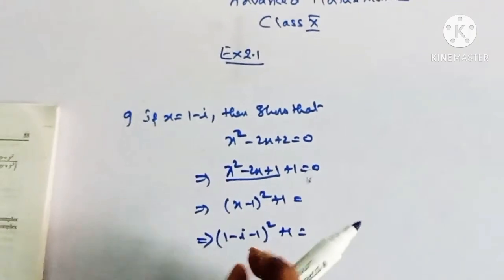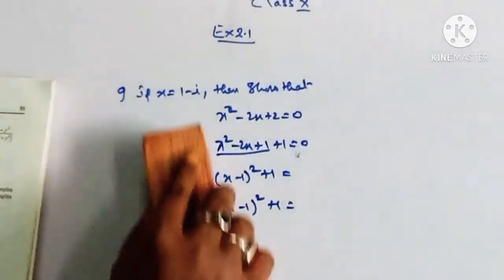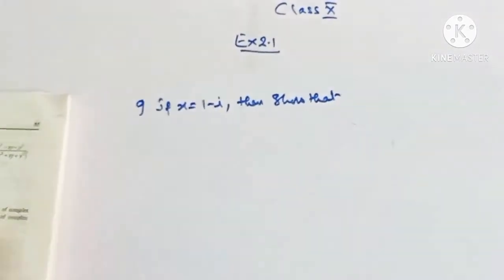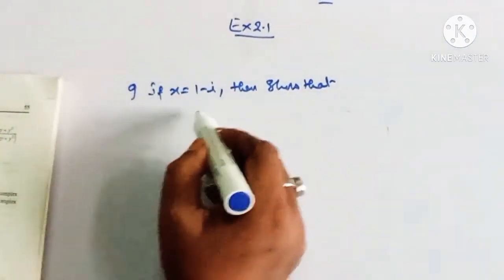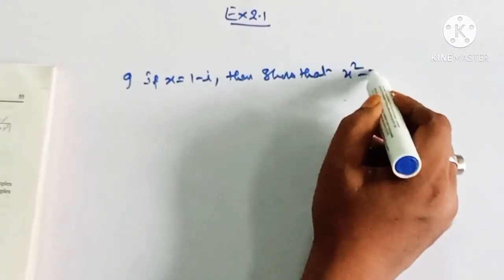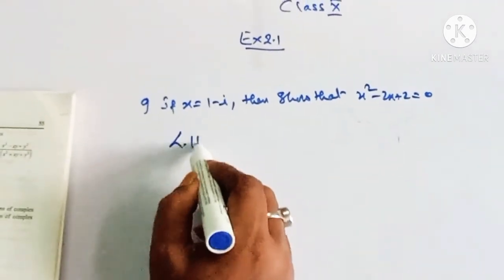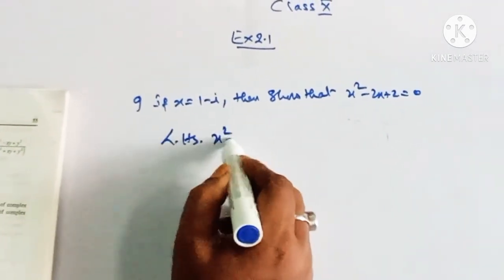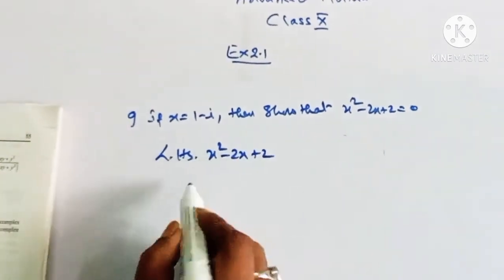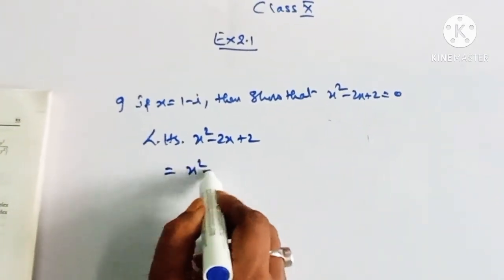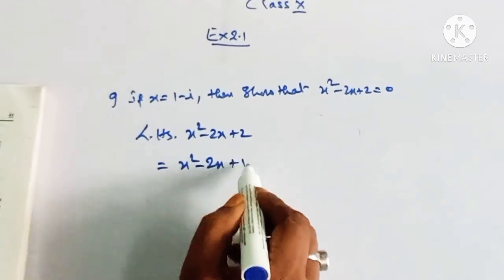Let me do this sum again, because we have to prove that x square minus 2x plus 2 equals 0. I am going to start from the left hand side, that is x square minus 2x plus 2. This I can write as x square minus 2x plus 1 plus 1.